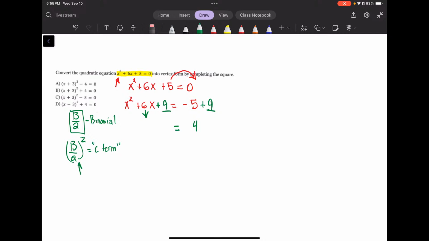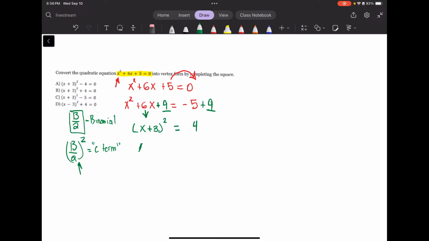From here, the right side simplifies to positive 4. Now, for us to get from this trinomial to the binomial that gives us this expression, we just have to take b and divide it by 2. So 6 divided by 2 is 3.